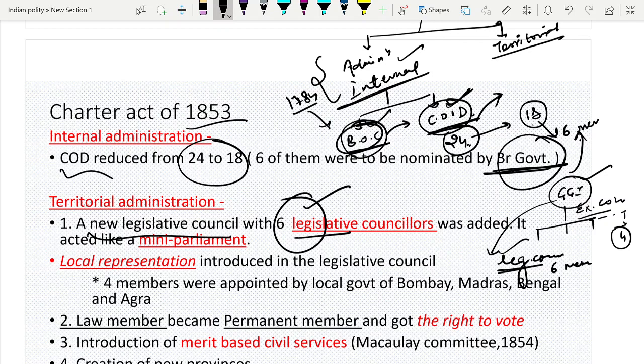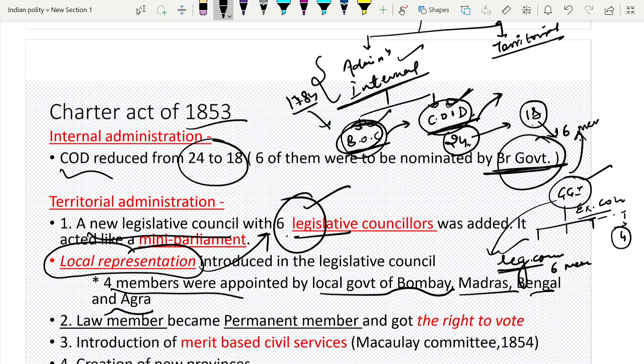One more important thing is that in these 6 legislative members, 4 members were to be appointed by the local governments of Bombay, Madras, Bengal and Agra. So it was a kind of local representation provided in the matters of legislation.